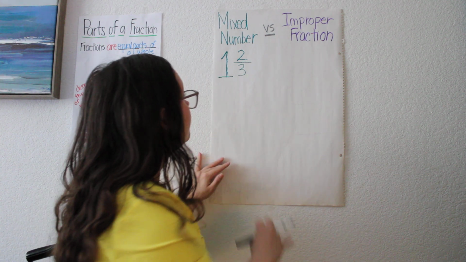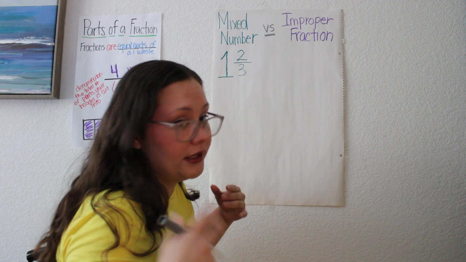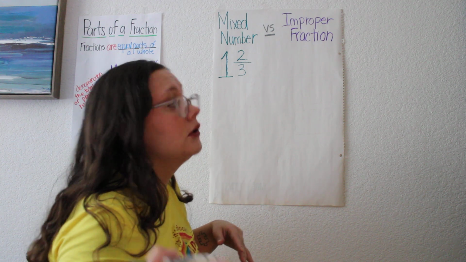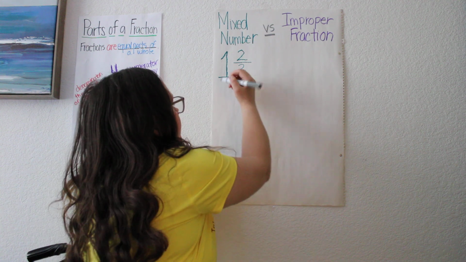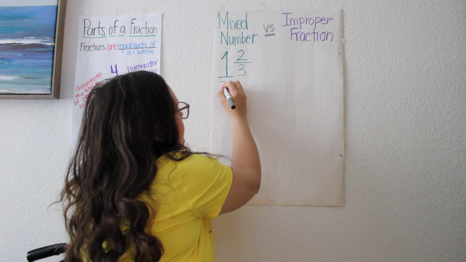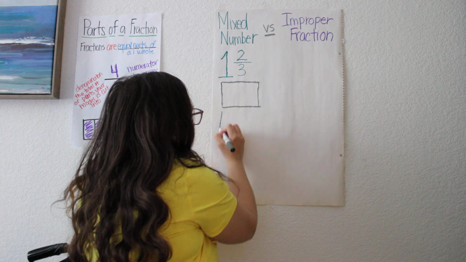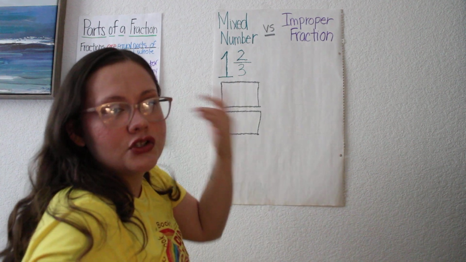Cool. So I know I'm going to have at least how many fraction models? At least 2, right? So I'm going to start by drawing 2 fraction bars. 2 fraction models. 1, 2. 1 and 2/3.